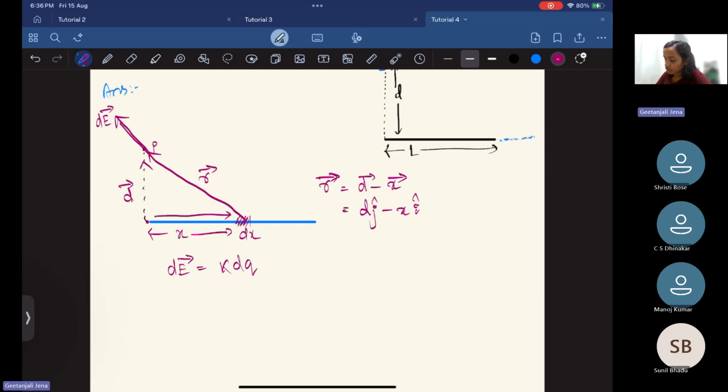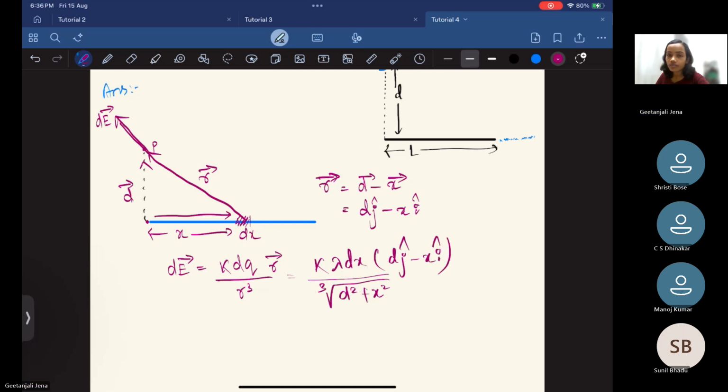Here dq will be lambda dx, and r will be square root of d square plus x square, and the r vector is nothing but d j cap minus x i cap.